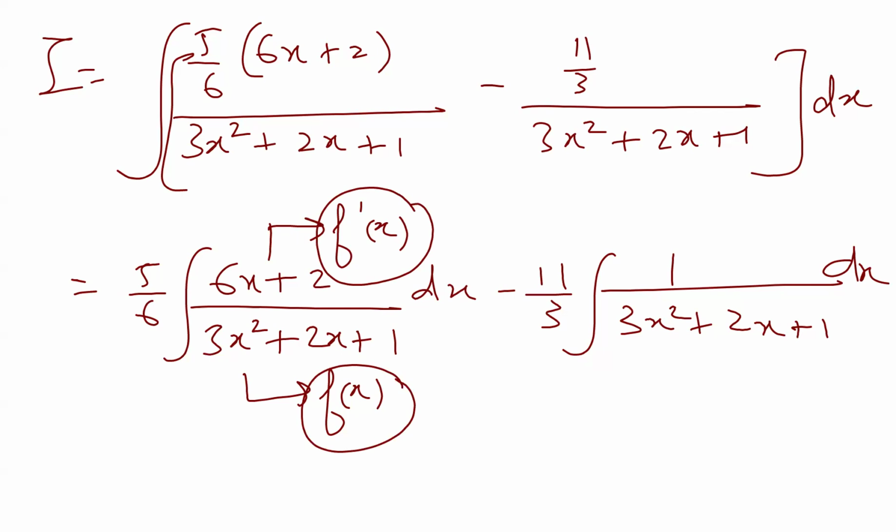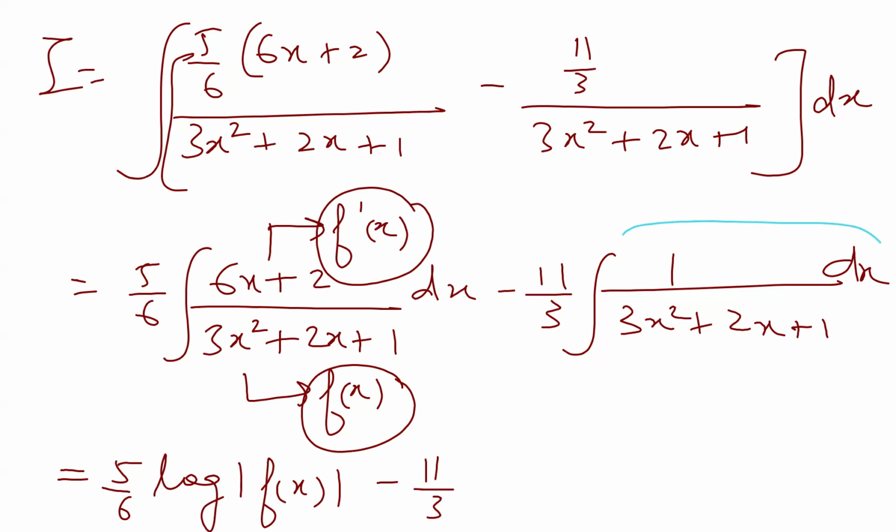So f dash x upon f of x is log modulus f of x. Minus 11 by 3. Now this part, I'm writing it as I1, because I'll solve it separately.